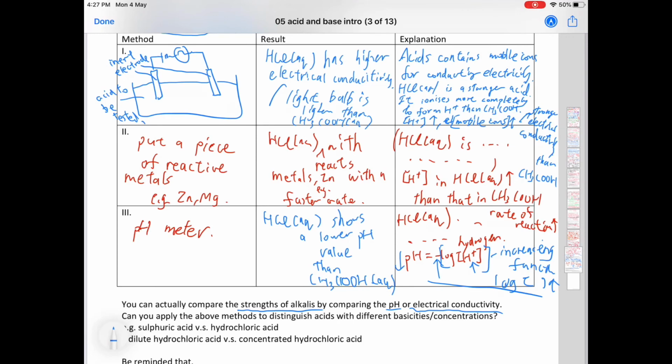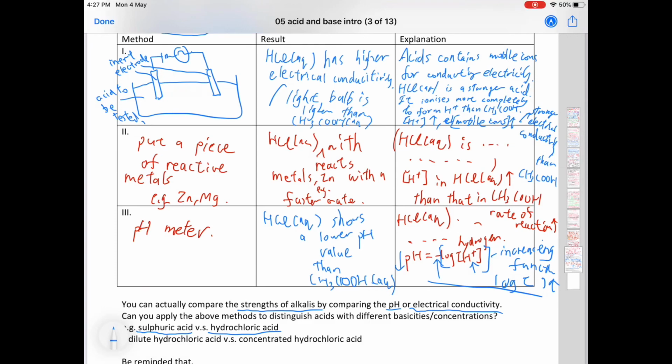And there are also other uses. For example, if you want to compare the basicity of H2SO4 and HCl, again you just use the same molarity and same volume of acid for a fair comparison, and then measure their pH, their rate with metal, and also the electrical conductivity. Because sulfuric acid is dibasic, more H+ can be ionized.